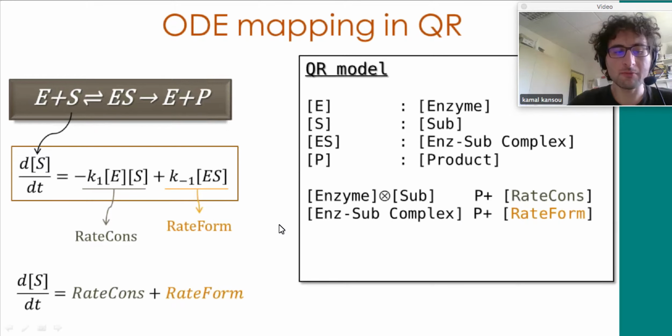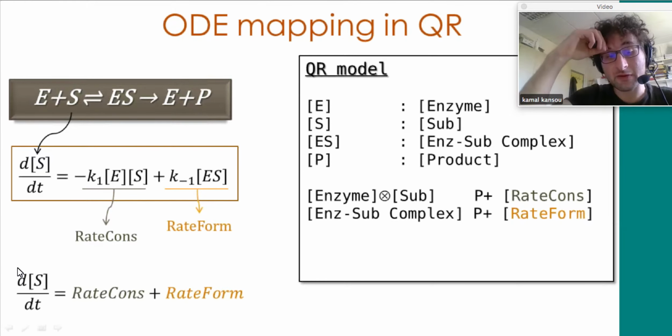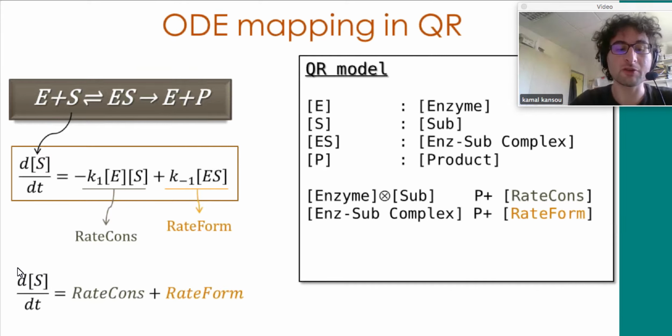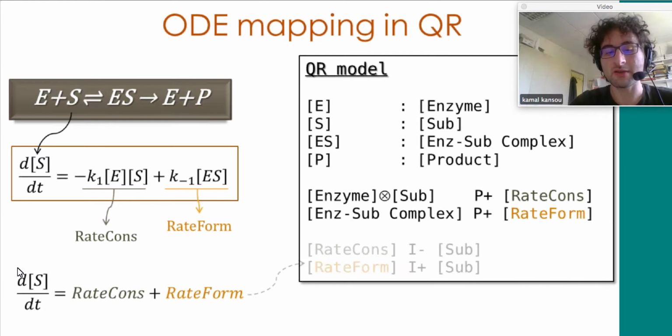And finally, our derivative of substrate is the addition of the rate of consumption and the rate of formation, and this is represented with a direct influence. The rate of consumption negatively influences the concentration of substrate, and the rate of formation positively influences the concentration of substrate.